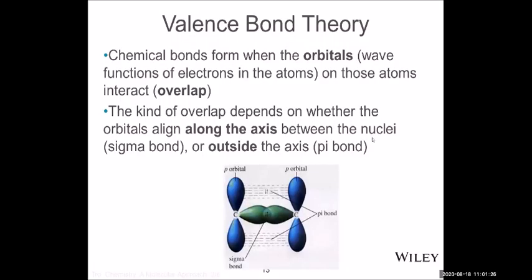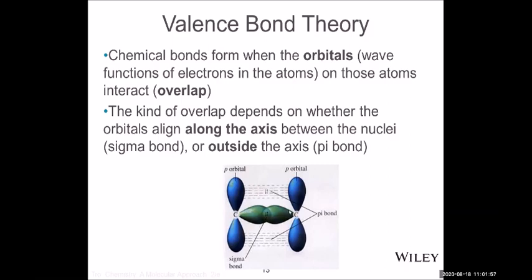The valence bond theory is something we learned in organic chemistry. The main point is the valence electrons, which are the electrons in the highest shell, and they are shared with the neighboring atoms to form bonds. When they form bonds, there are 2 different bonding types: one is a sigma bond, and the other is a pi bond.